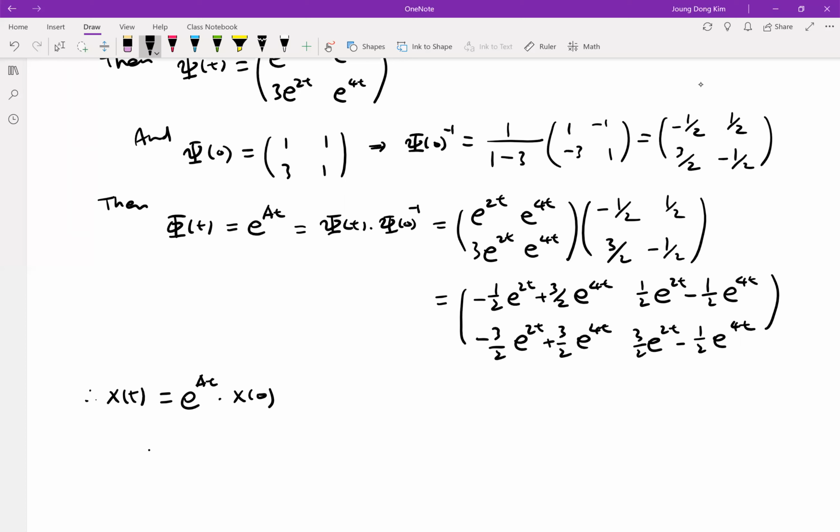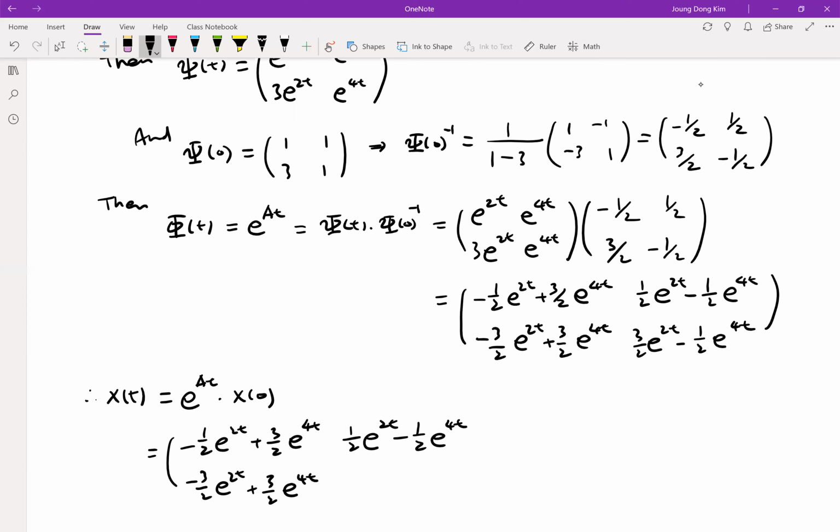That is [negative 1/2 e to the 2t plus 3/2 e to the 4t, 1/2 e to the 2t minus 1/2 e to the 4t; negative 3/2 e to the 2t plus 3/2 e to the 4t, 3/2 e to the 2t minus 1/2 e to the 4t] times the initial condition, which is [2, 2].